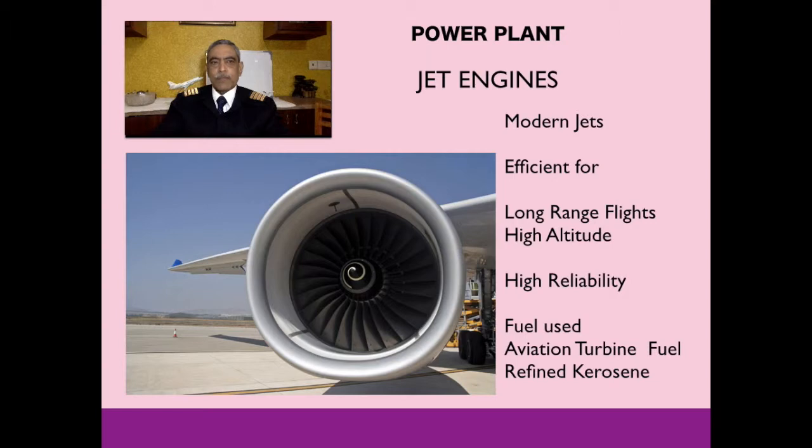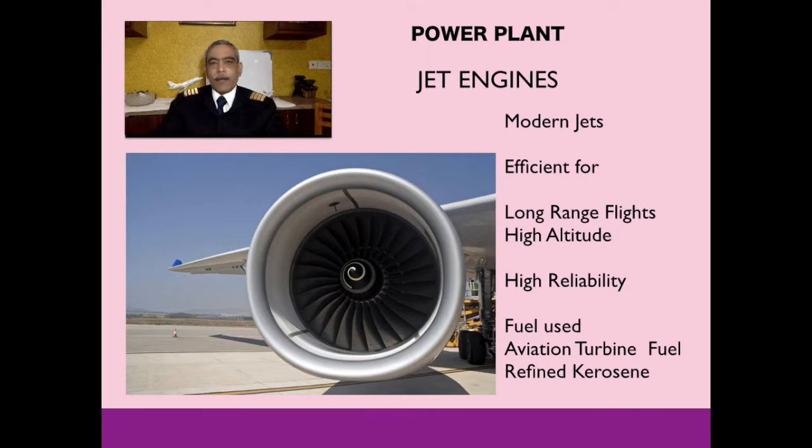Let me go through some more details. A brief working principle of a jet engine is what we are going to see after some time. But at this stage, it's enough if we understand that these jet engines are efficient for long range flights and high altitude flights.